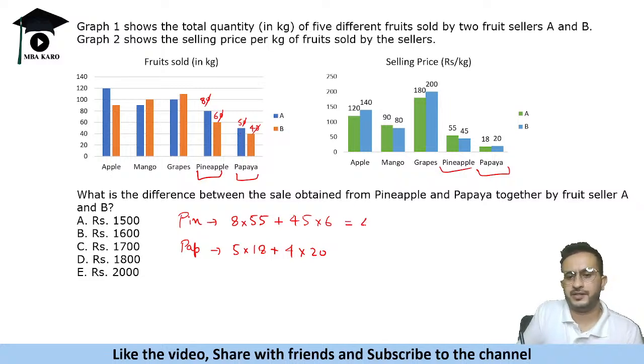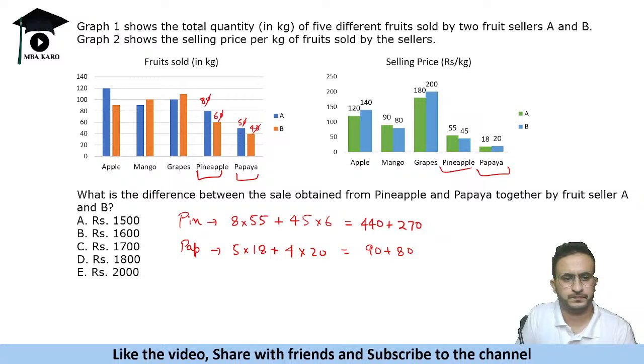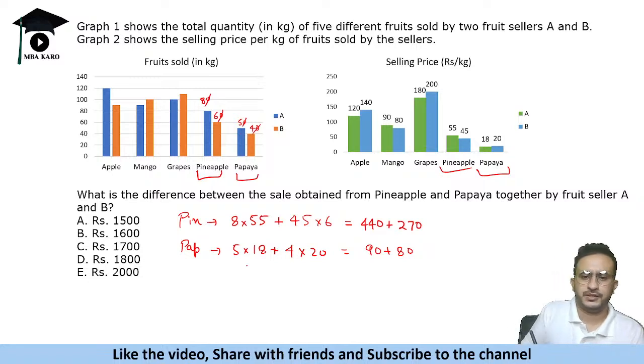55 into 8 will get 440. This will be 270. It's 90 plus 80. सॉरी ये गलत कर दिया, ए और बी का निकालना है हमें. So this, हमें ए और बी के बीच में डिफरेंस निकालना है.